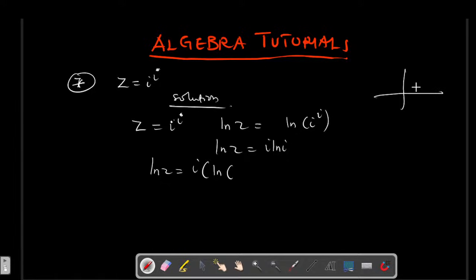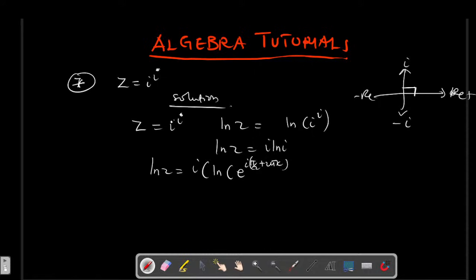On the Argand diagram, we have our imaginary axis on top, our real part positive and negative, then negative imaginary. You realize that the magnitude of I is 1 and the angle from the positive axis is 90, so it's pi on 2. So you have e to the power I multiplying pi on 2 plus 2 pi k.